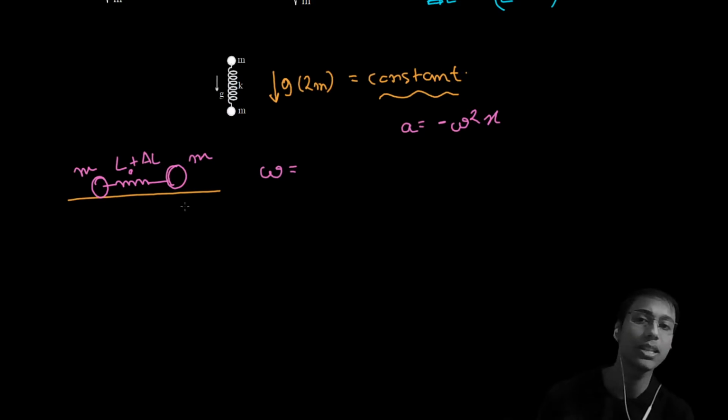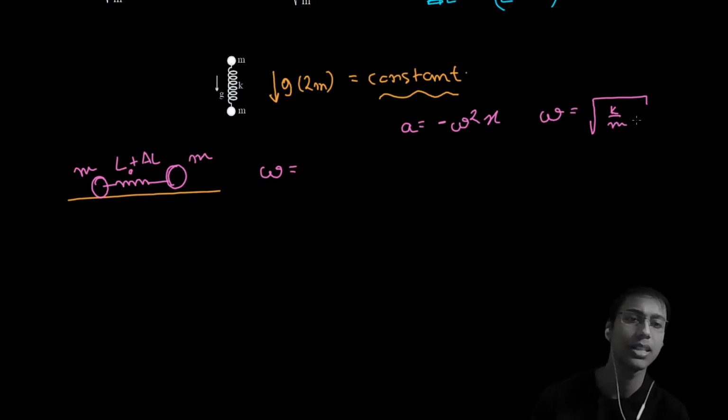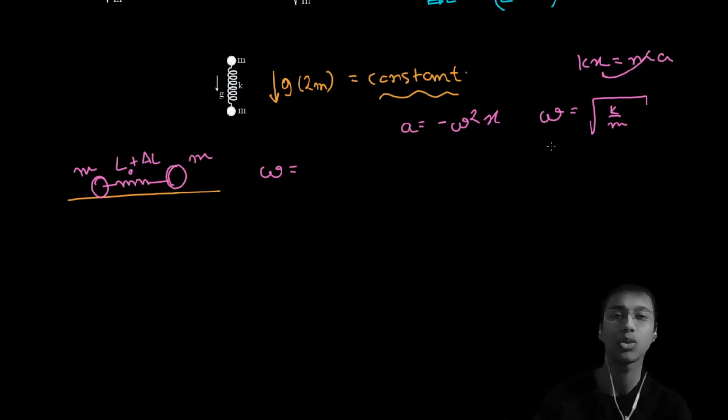If it was just a normal spring, omega would have been root over k by m. Let me check: kx equals ma, so k by m, root over k by m should be omega, yes. Now what would be the omega in this case?